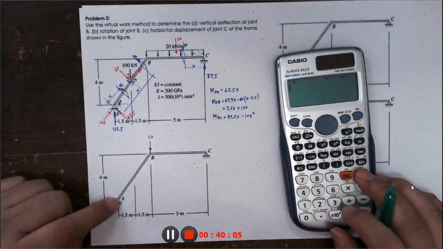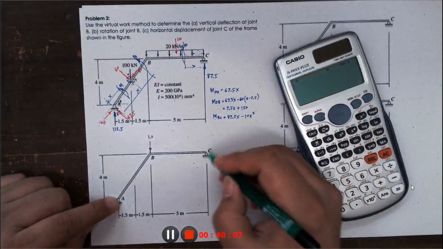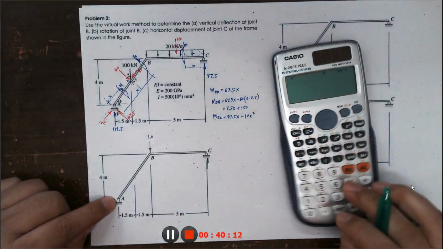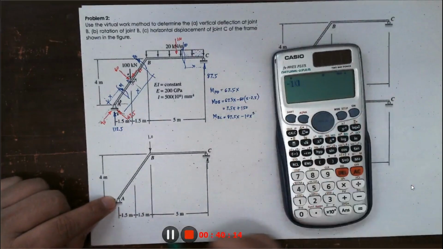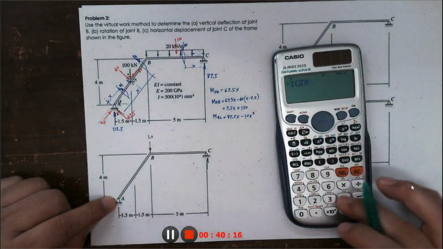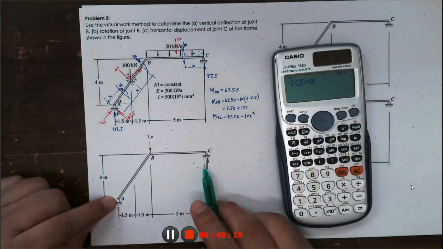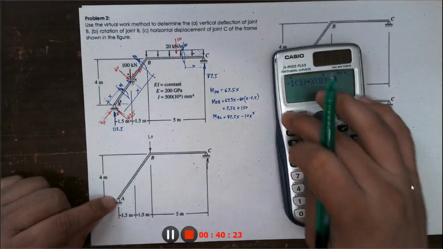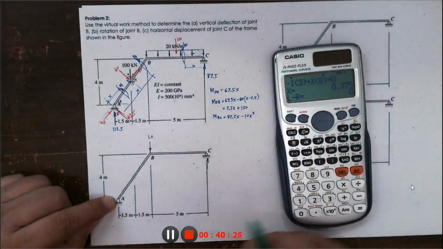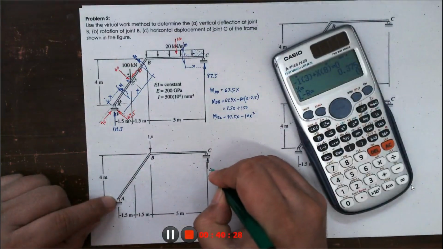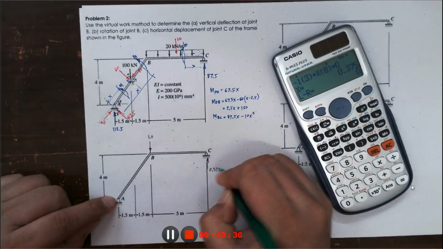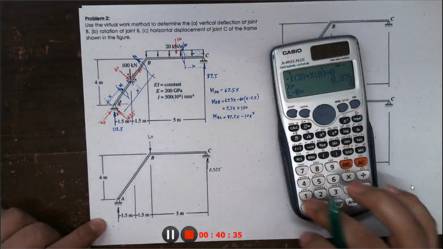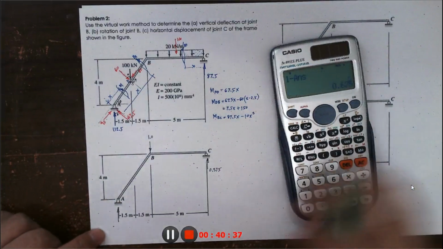Sum of moment at A: negative 1 times 3 plus reaction times 8 equal to 0. Shift solve, 0.375. So therefore this one is 1 minus the answer, it's 0.625.